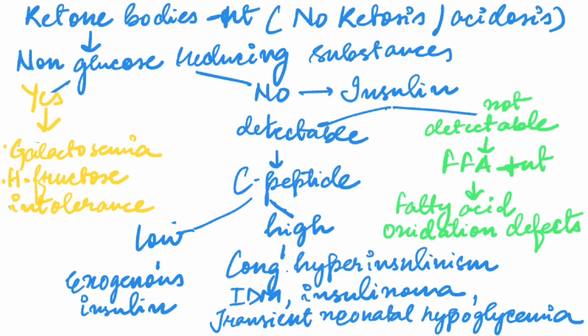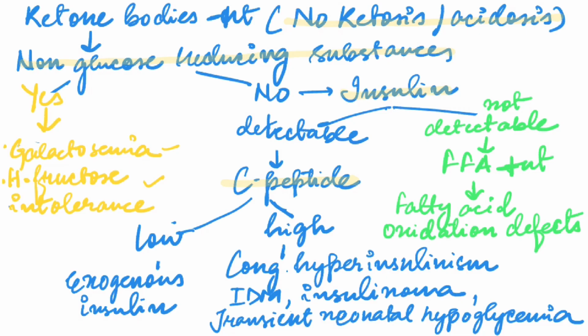First scenario: if the ketone bodies are absent, that is no ketosis or acidosis, then we go for non-glucose reducing substances. If non-glucose reducing substances are present, then the scenarios can be either galactosemia or hereditary fructose intolerance. If they are absent, then the next investigation is insulin, which can be either detectable or not detectable. If insulin is detectable, then we go for C-peptide.